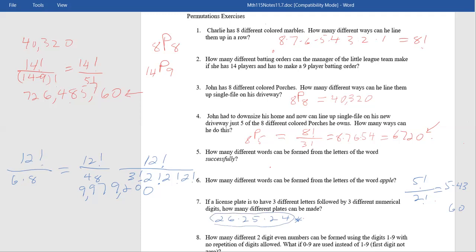And you follow that with the digits, which is 10, 9, 8. Okay, see now it's different. That means you can't repeat. So all of those are the number of ways you can write 3 different 3-digit numbers like that, using the digits from 0 through 9. And all of this is the number of ways you can write those 3 letters. Put them together, and you've got the ways to do these 2 things together.